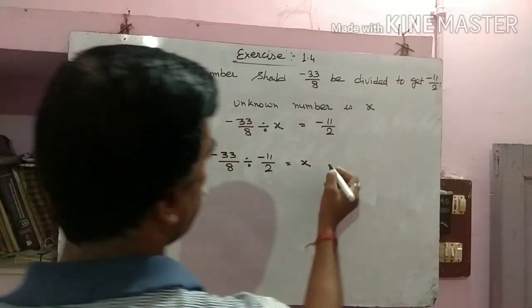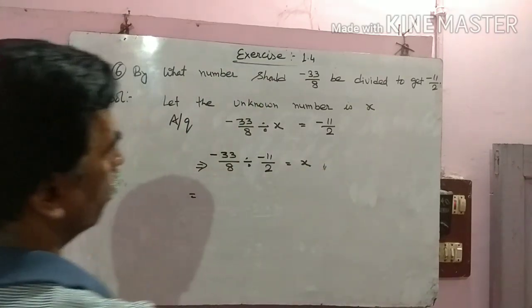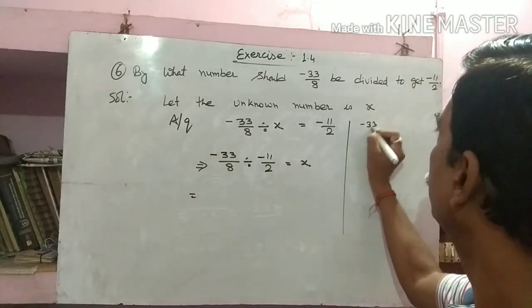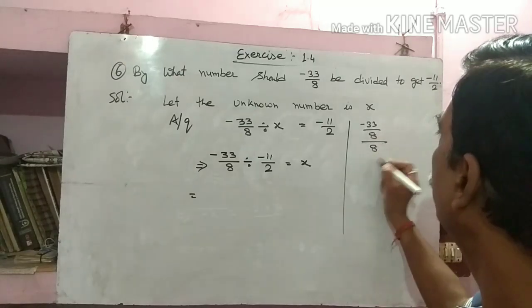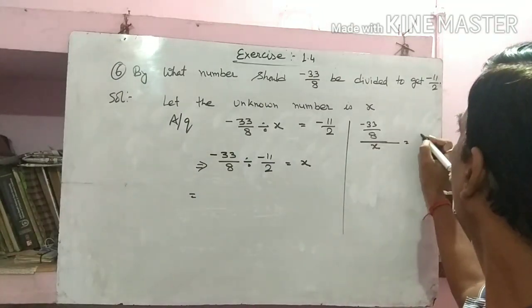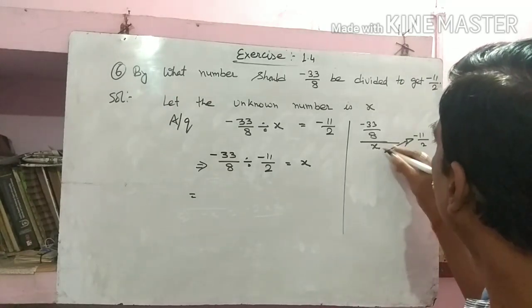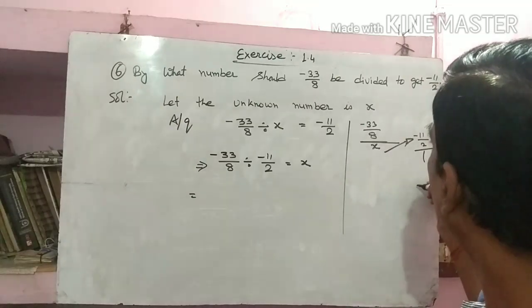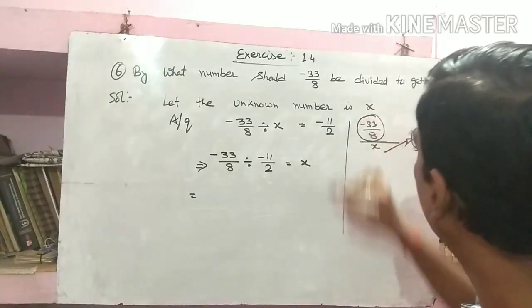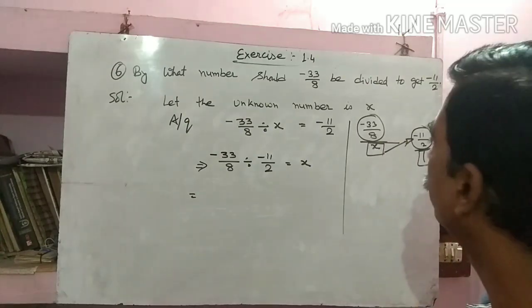Okay. How did it happen? Is it clear? Look here. We can write like this, minus 33 by 8 divided by x is equal to minus 11 by 2. Due to the cross multiplication, this becomes minus 11 by 2 in the place of numerator, and this is 33 by 8 in the place of numerator, and x is in the place of denominator and 1 is in the place of denominator.